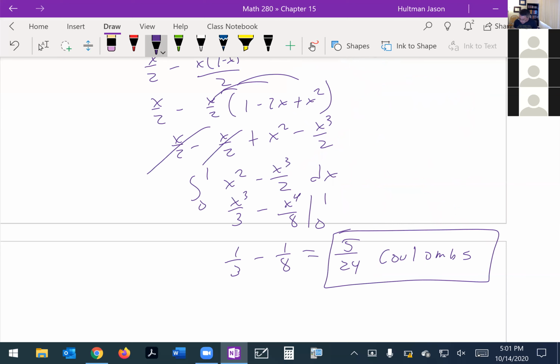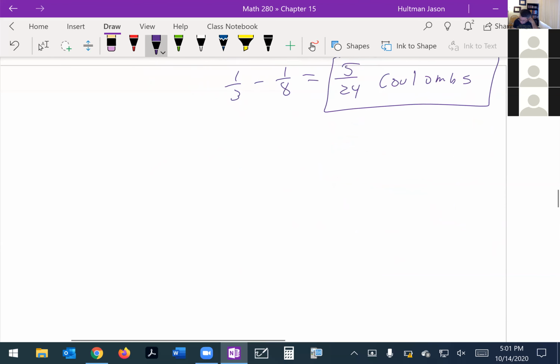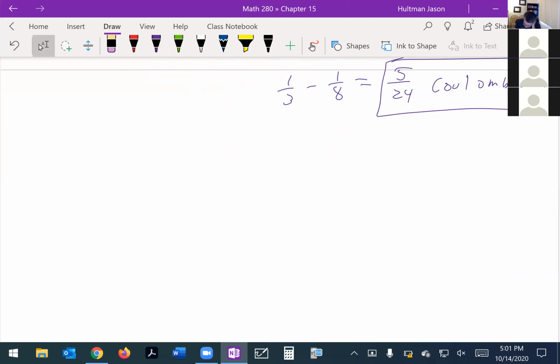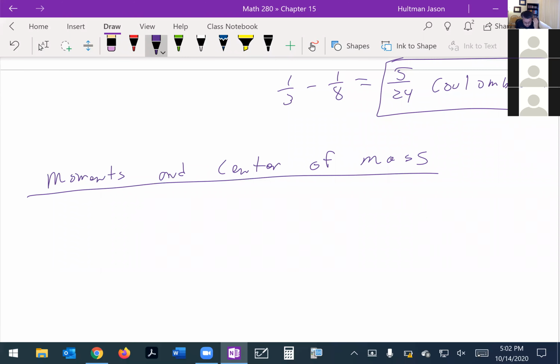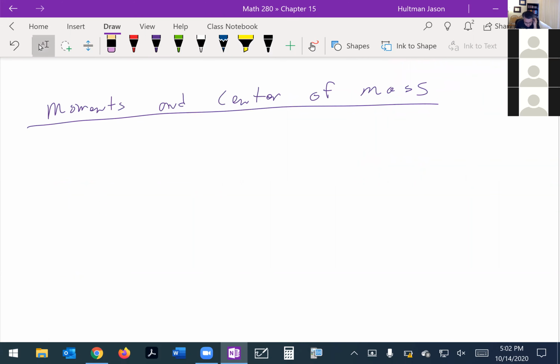Okay, let's talk about moments and center of mass. The moment of the lamina about the x-axis.